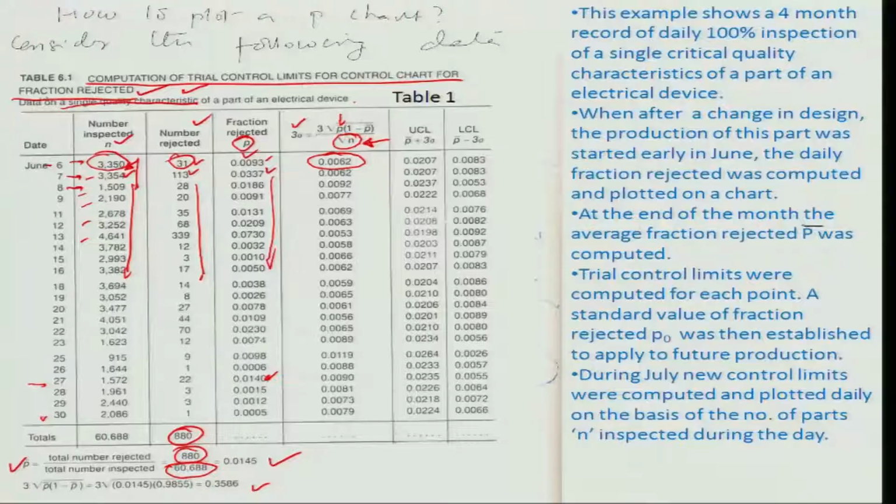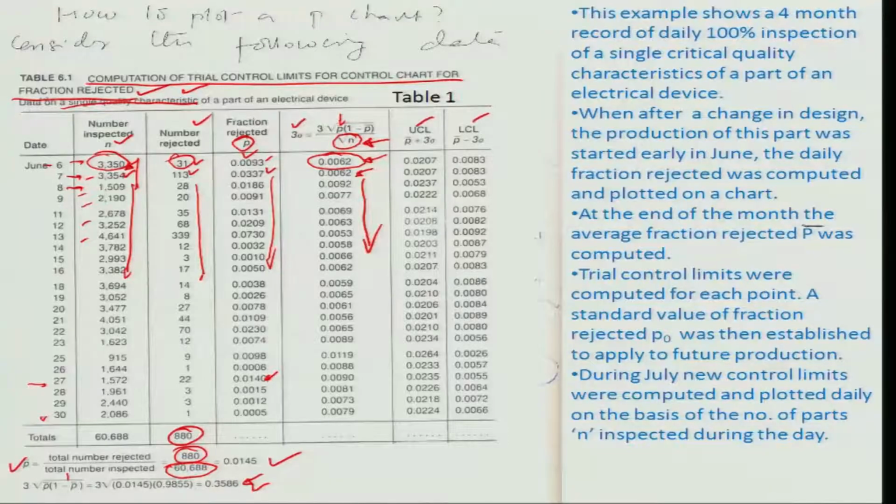The 3 sigma limit has been computed here as 3 times root of p dash times (1 minus p dash), and that comes out to be 0.3586. This value is obtained by dividing 0.3586 by root of 3350. Similarly, this value has been calculated by 0.3586 divided by root of 3354, and so on and so forth. That is how you calculate the 3 sigma limits.